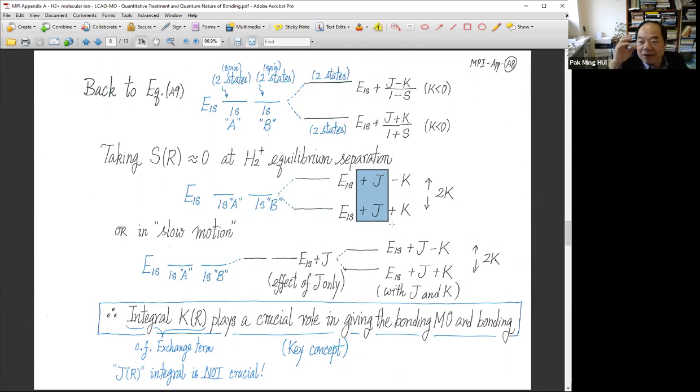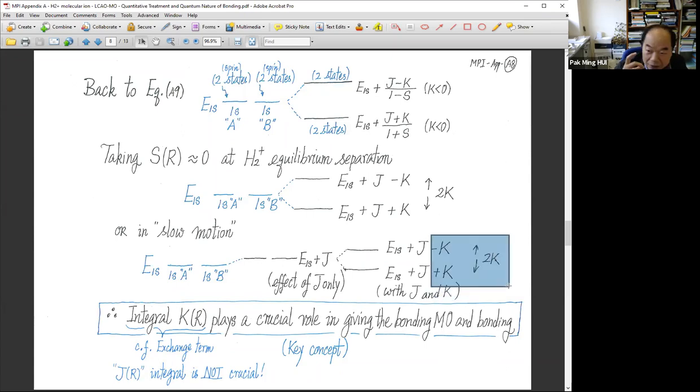The one that has the classical Coulomb interpretation is not the term that is crucial for bonding. That's my message. The one that is crucial for bonding, that is to say, gives you the bonding and anti-bonding state, is actually the K integral. You see? So the difference in energy between bonding and anti-bonding is actually 2K.